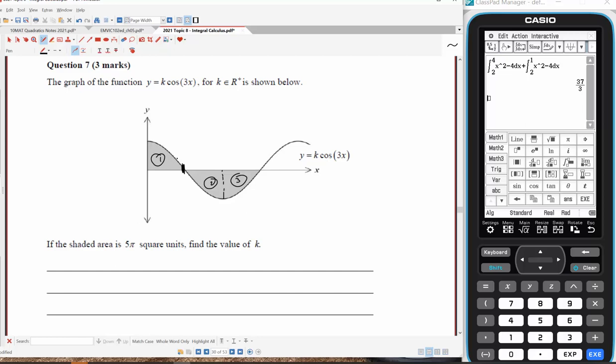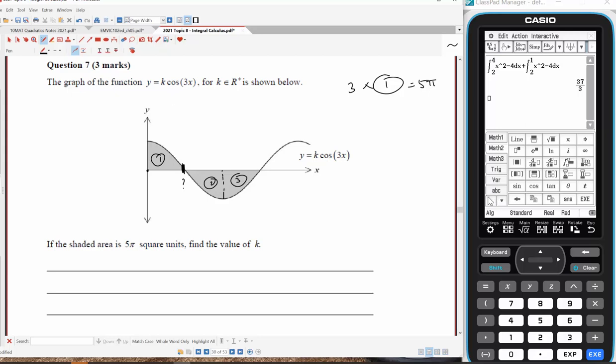So 3 lots of area 1 will be the total area, or 3 lots of area 1 will equal 5 pi. So what I intend to do is integrate between whatever this value here is and 0, and multiply the answer by 3, and then let it equal 5 pi, and that will give me the value of k.